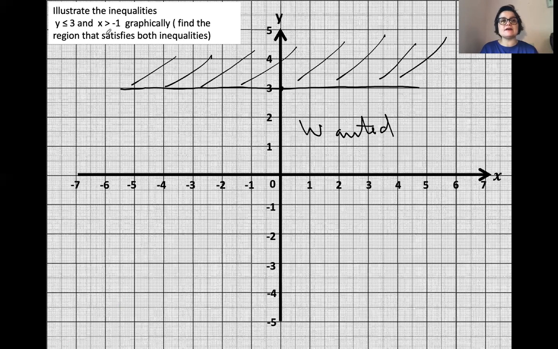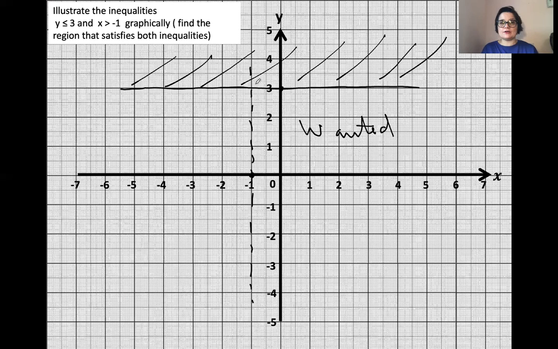Next one, x bigger than -1. Let's find -1. Then it's going to be a dotted line this time, remember, because it's just bigger than -1. Dotted one, you can use a ruler. Now, bigger than -1. So which points satisfy x bigger than -1? Any points on this area are going to be the wanted.